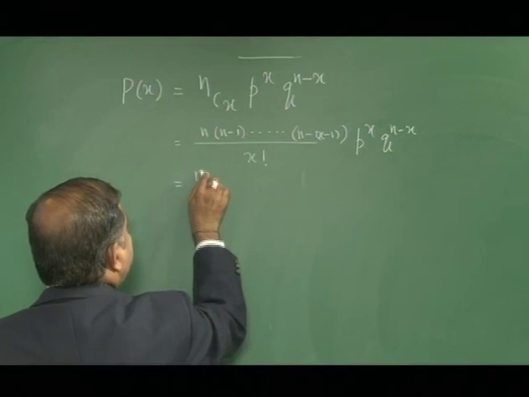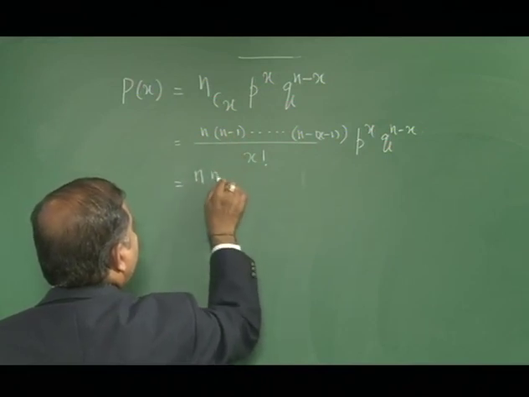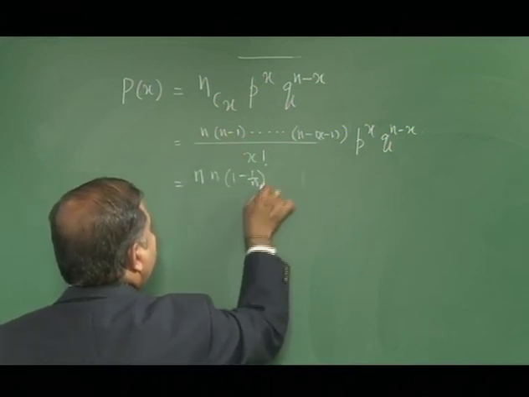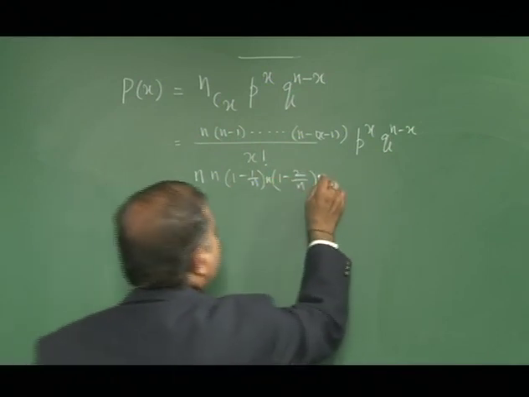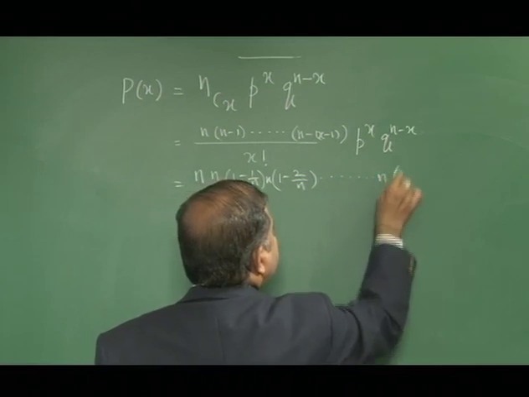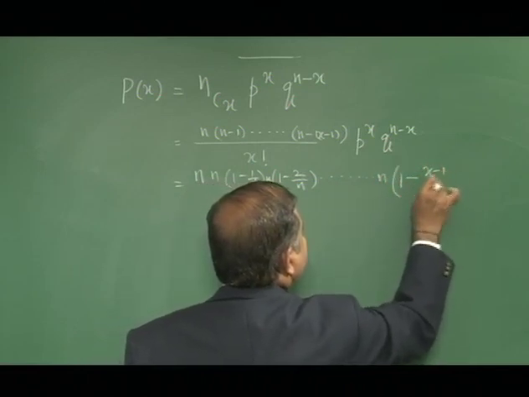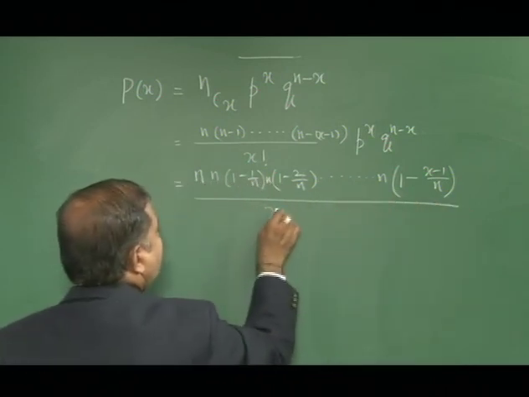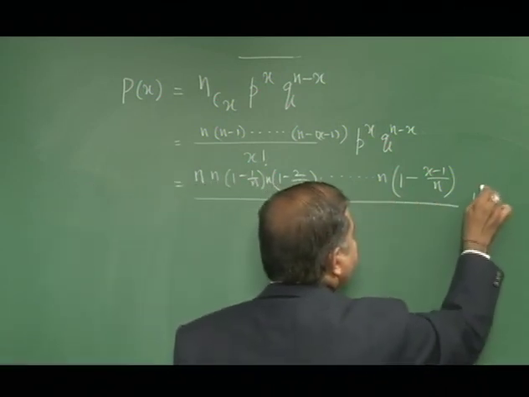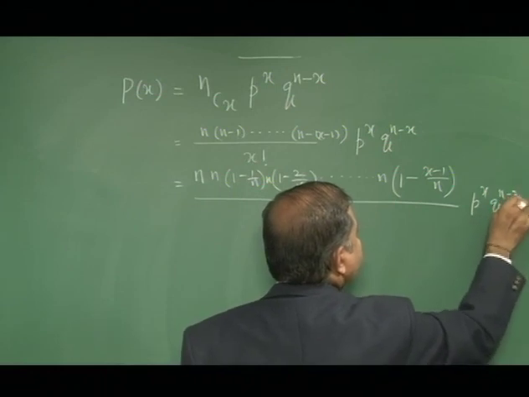Take n outside. Here also n, 1 minus 1 by n, again 1 minus 2 by n, like that I will take n outside, up to 1 minus x minus 1 by n, divided by x factorial, p power x q power n minus x.